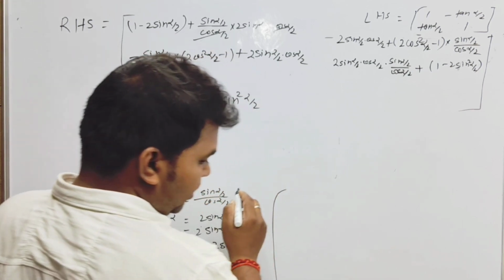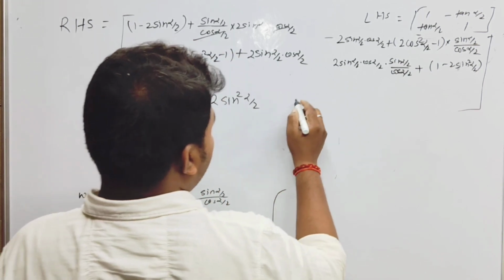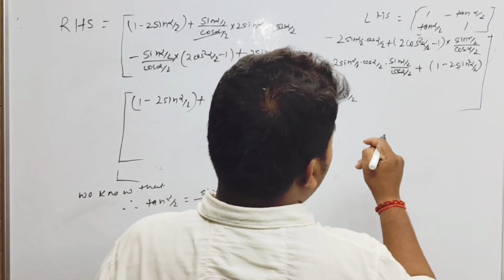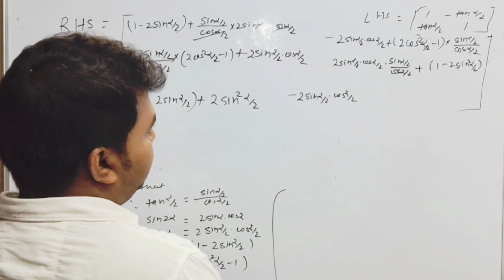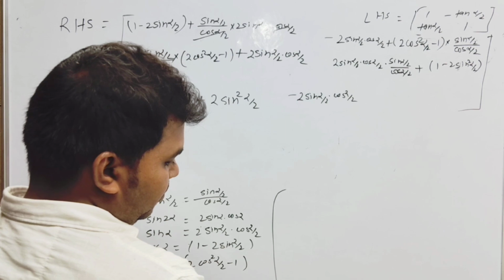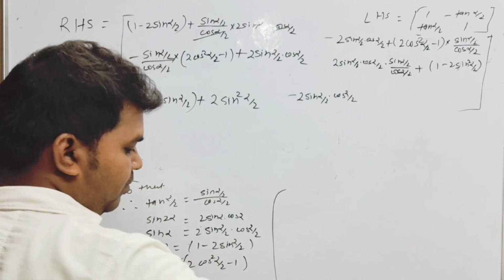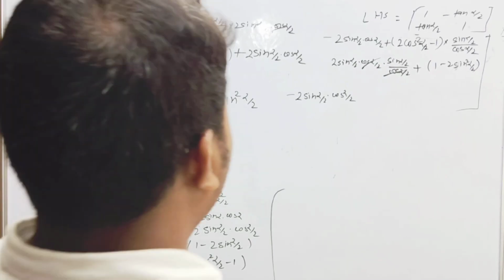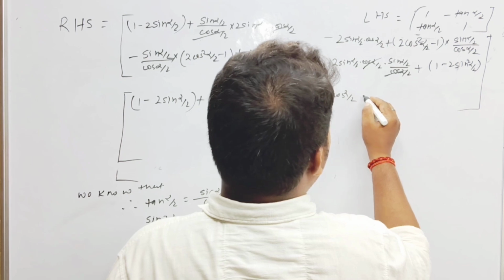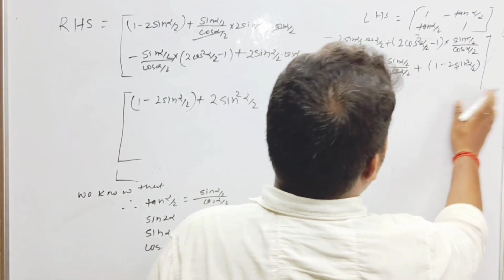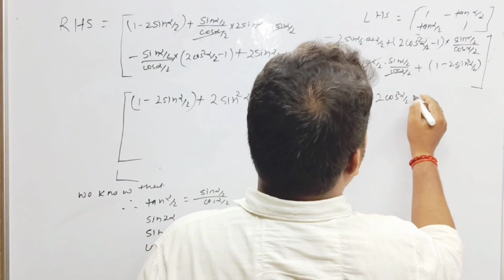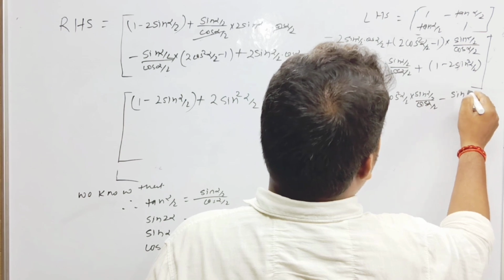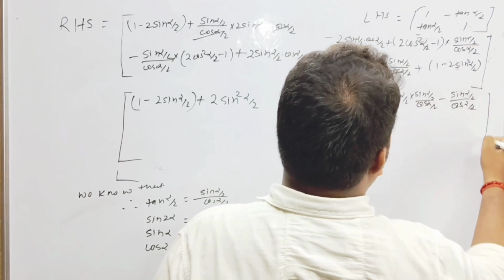Okay, and this side we can write minus 2 sin alpha by 2 into cos alpha by 2 plus 2 cos square alpha by 2 into sin alpha by 2 by cos alpha by 2 minus sin alpha by 2 by cos alpha by 2.